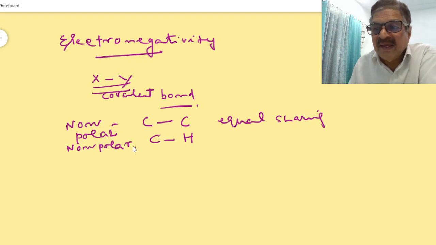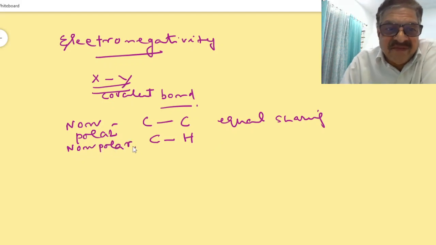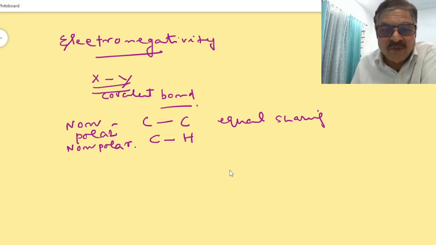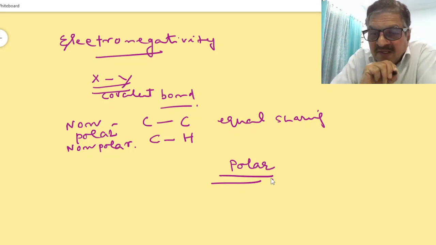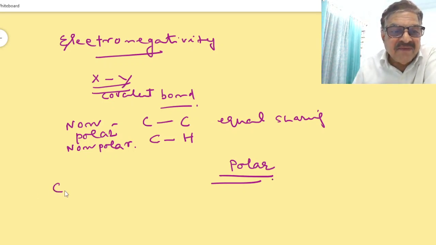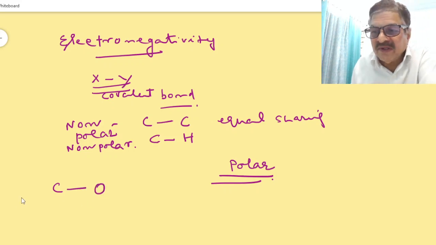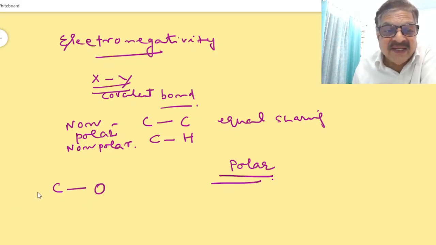Now if there is an electronegativity difference, the bond becomes polar. We call it a polar bond, since there is an electronegativity difference between the two atoms. For example, if you have a carbon-oxygen bond, carbon is less electronegative than oxygen.